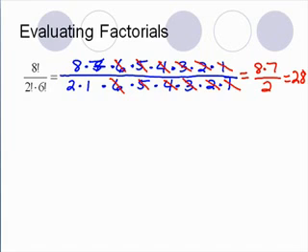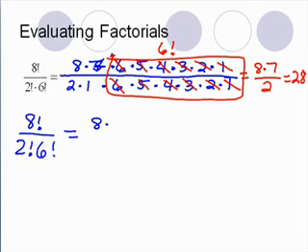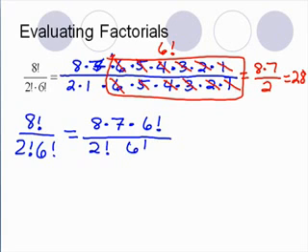Another way that we could write this, if you look, we ended up canceling 6 factorial, right? So instead of writing out all those terms like we did, we can write 8 factorial over 2 factorial times 6 factorial is equal to 8 times 7 times 6 factorial divided by 2 factorial times 6 factorial.